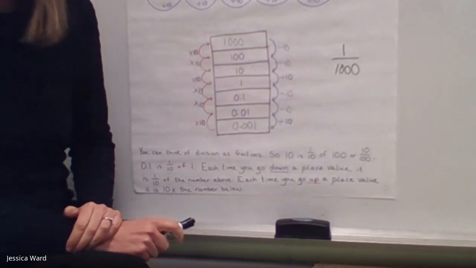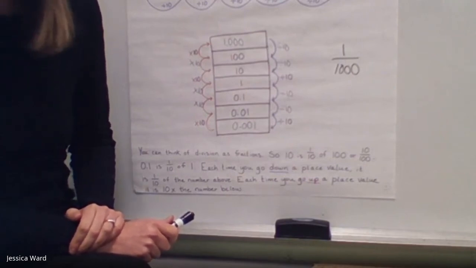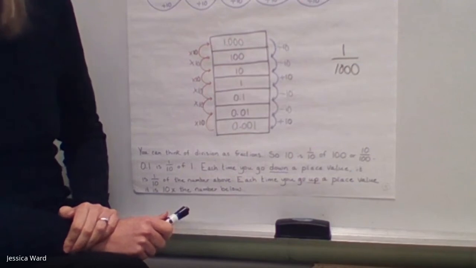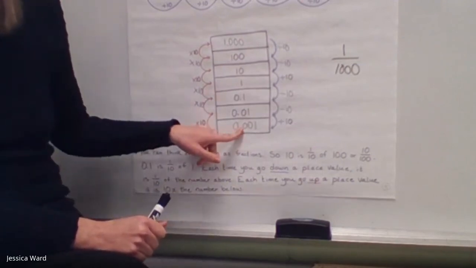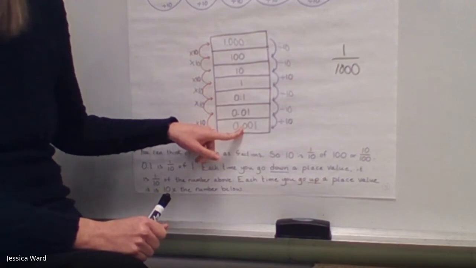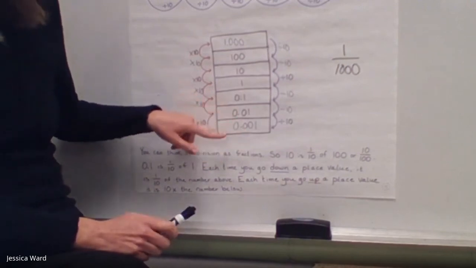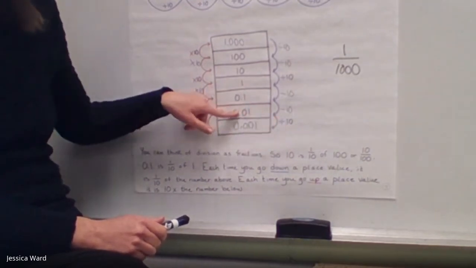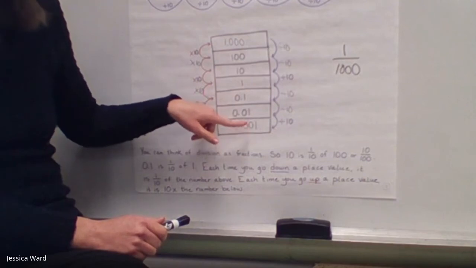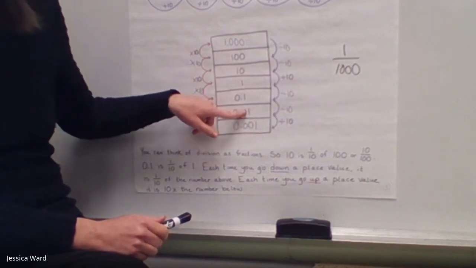And number 8 says dividing a number by 10 is the same as finding 1/10 of the number. Use the phrase 1/10 of or the phrase 10 times to complete each statement about 1,000th. So 1,000th is blank of 100. We divided by 10 from 100th to get to 1,000th. 1,000th is 1/10 of 100.